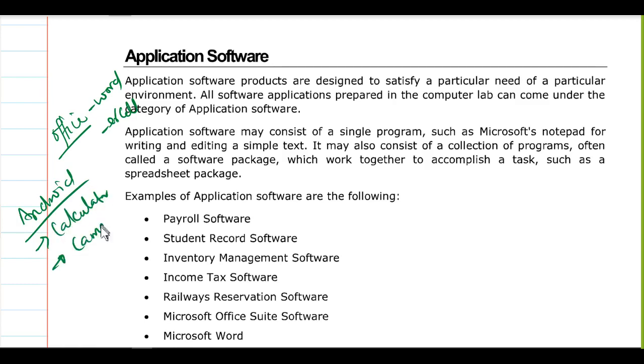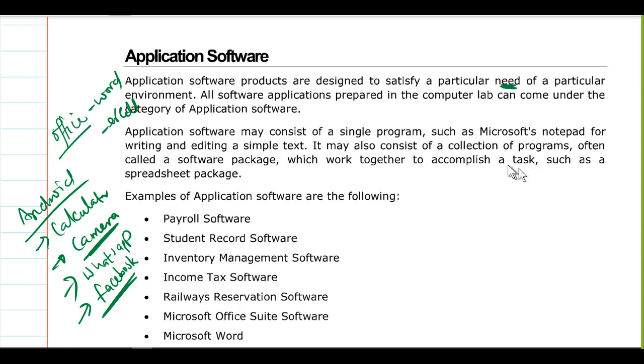A camera is software that runs in the phone to allow you to take photos. The most obvious application is WhatsApp. WhatsApp is an example of application software. You find Facebook. Of course, all of these are meeting a particular need, and therefore they are developed by different people for different reasons.